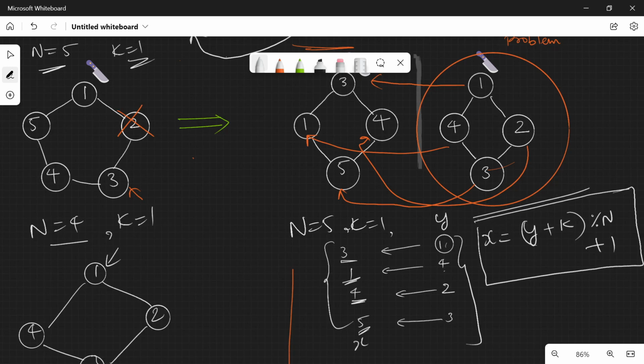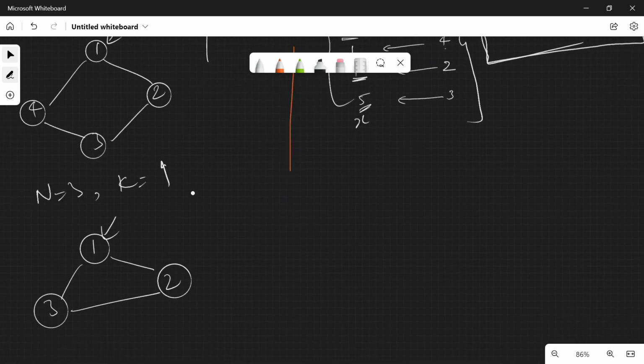So this is how you should convert the Josephus subproblem, which was assumed, into the actual one. This is the assumed one, this is the actual one, right? So what can I say? I'll just write the final equation for you to understand. Josephus of n comma k is equal to, this is basically x, right?